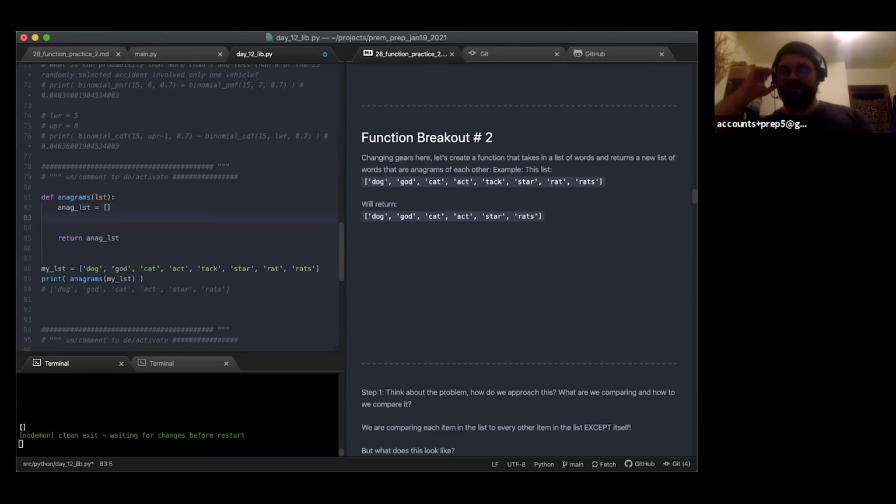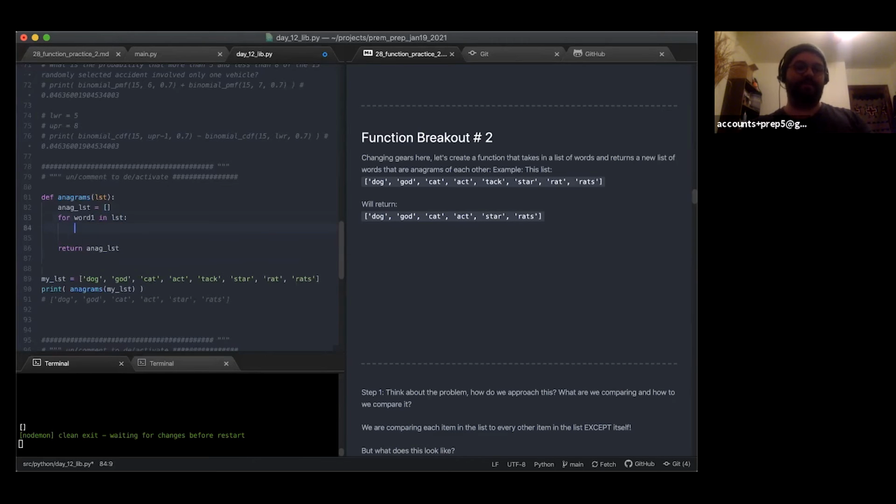And this answers kind of one of the other questions too, which is what do we call the elements in the list? And this is what I usually do, word one and word two, as in the suggestion, right? So this is an odd nested loop. So we'll say for word one in list, for word two in list, right?